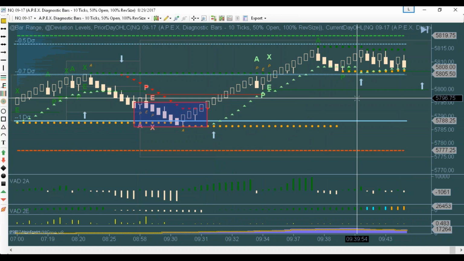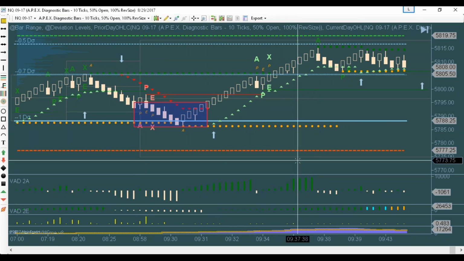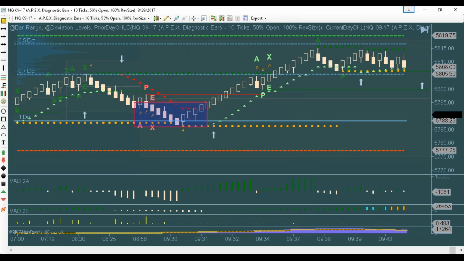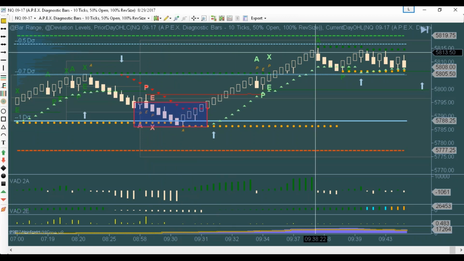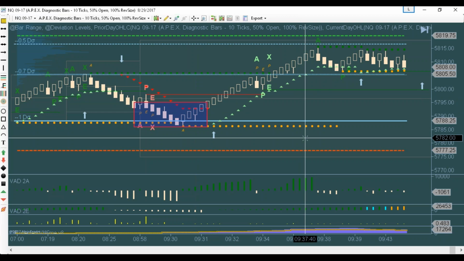How many down close bars do we have right here? More than 3, right? And then what do we have right here on up close? 1 bar, 2 bar, third bar sling. What happens? Boom.